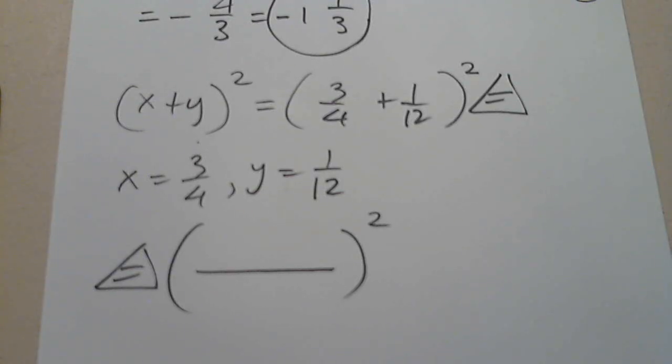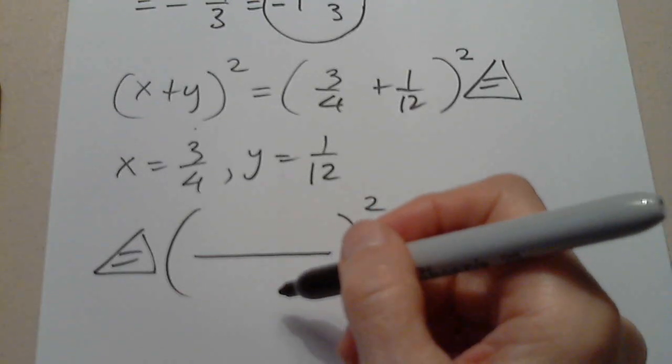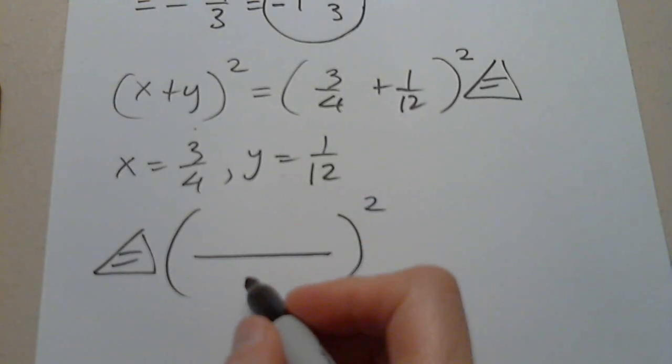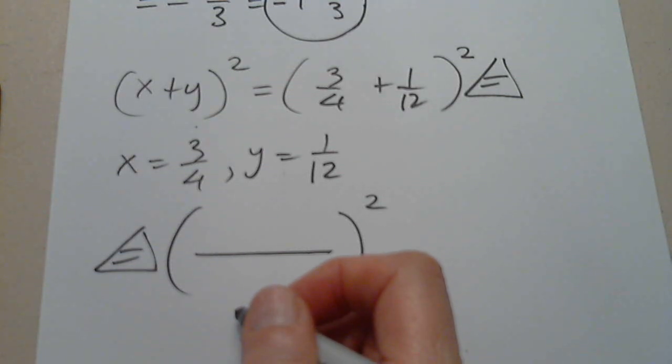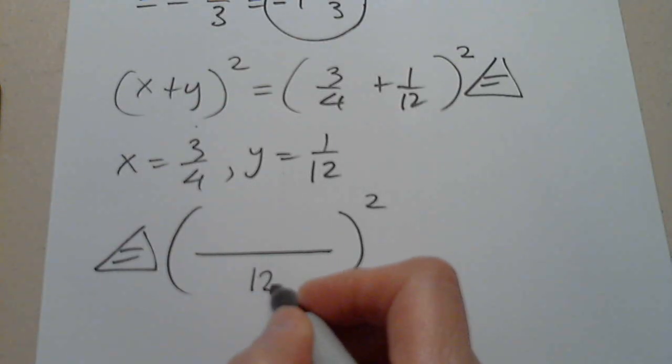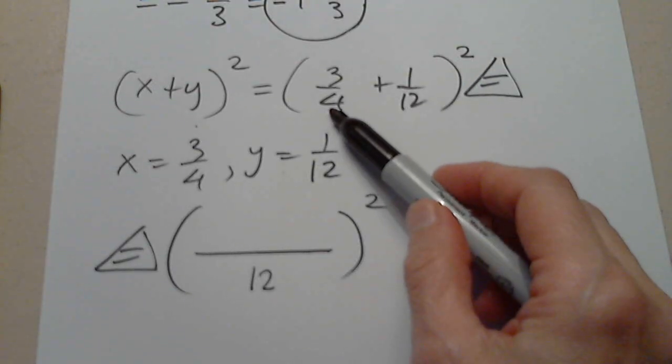Common denominator. The least common denominator. Good. Which is, in this case, 12. Well, yes. The reason is, perfect, because 12 is a multiple of 4.